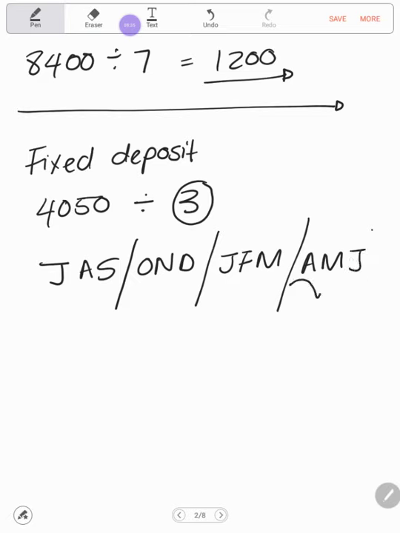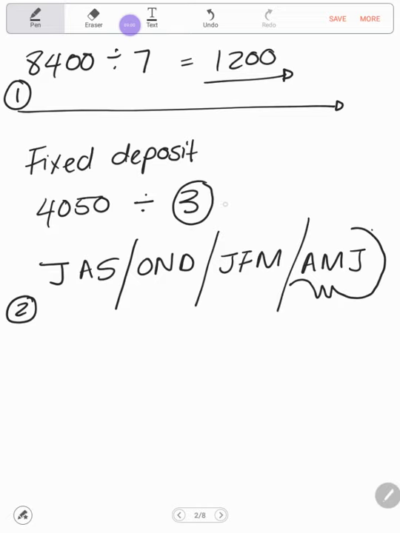So this has not yet been received, and it becomes, what is the new account that you learned? Income receivable. So the first adjustment was income received in advance. The second adjustment is income receivable, income that you still need to receive.